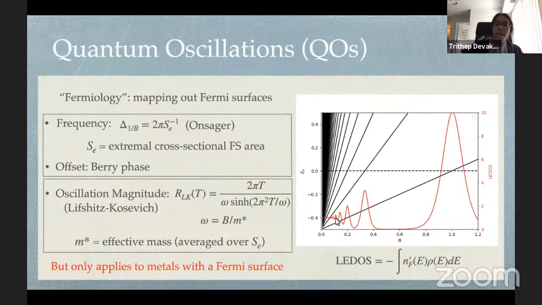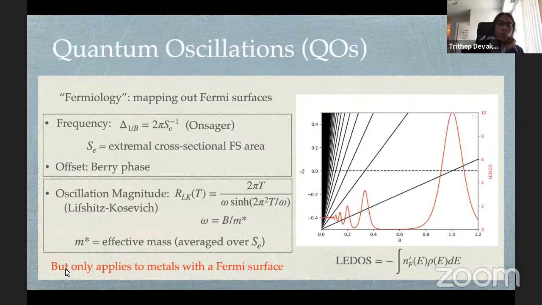And if you look at the magnitude of this oscillation as a function of temperature, it follows this well-known Lifshitz-Kosevich form. And from fitting to this form, you can extract the effective mass of your bands, averaged over your Fermi surface. So you can get all sorts of valuable information from looking at quantum oscillations.